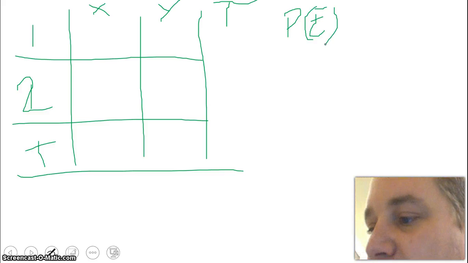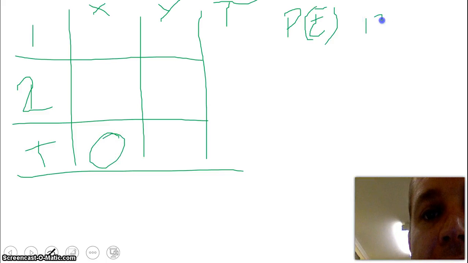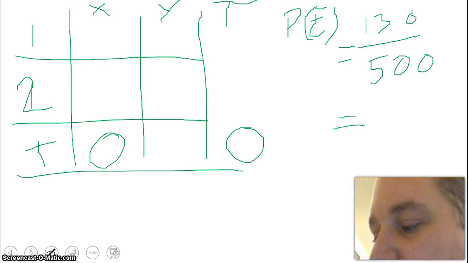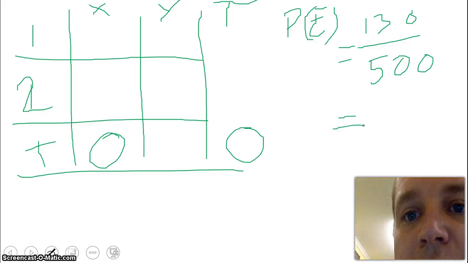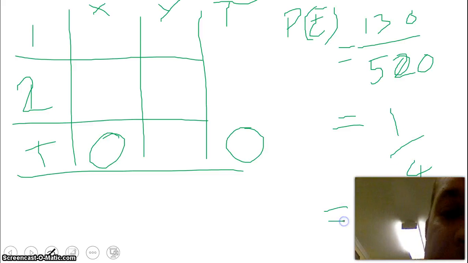So, the total number of X, which is this one just here, 130, out of the total amount, which is our total here, 520, which is a quarter, which, if you want to put it in a percentage, 25%.